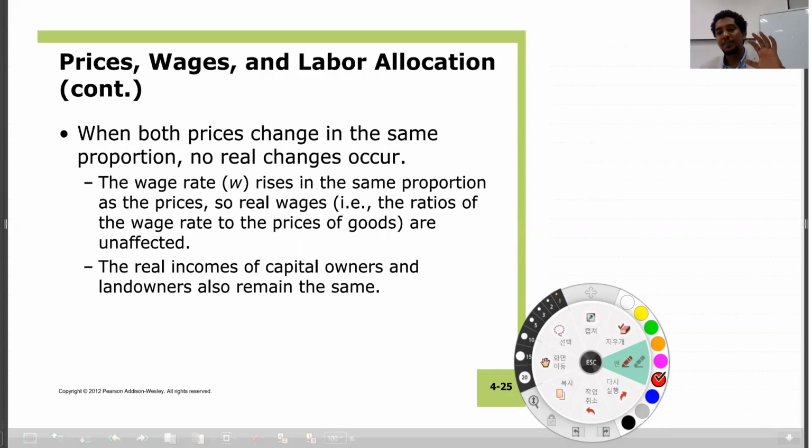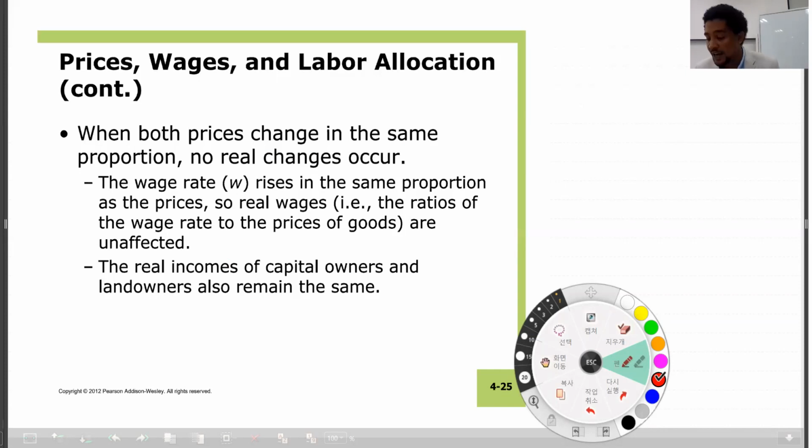When both prices change in the same proportion, no real change occurs. So if the price of clothes increased by 10% and the price of food increased by 10%, the wage will increase by the same percentage, 10%. The change will be seen only when there is a disparity between the percentage change in clothes or food prices and the percentage change in the other.